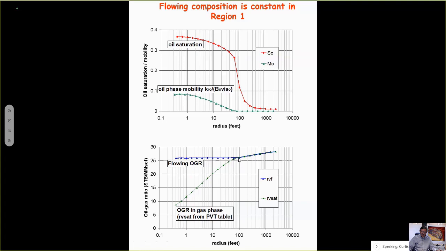But the flowing well stream maintains this 26 throughout region 1. Okay. So what you can say is at the wellbore, 26 minus 8, 18 barrels, is actually flowing as a mobile oil phase at the wellbore. And it was being carried in from region 2, all in solution.